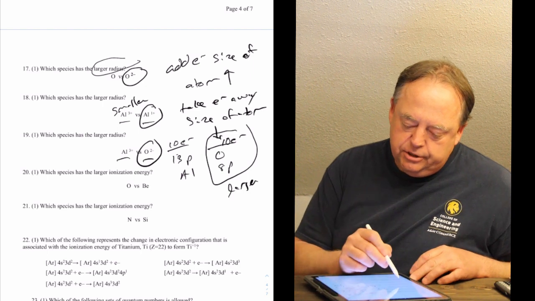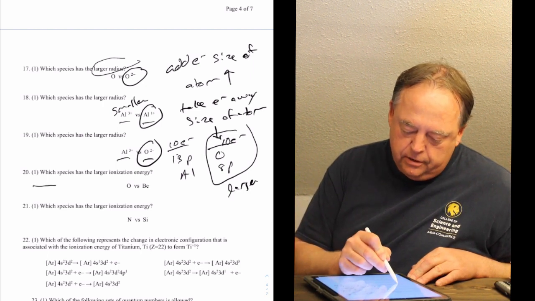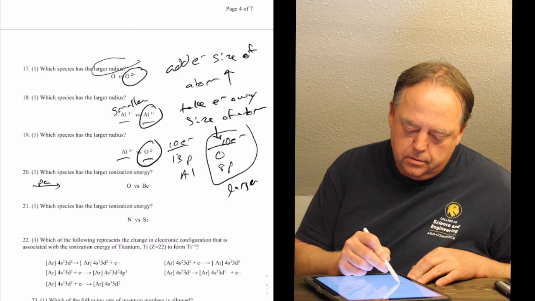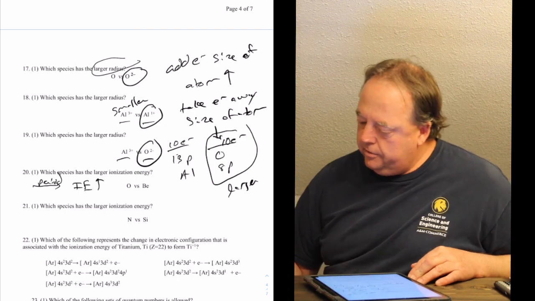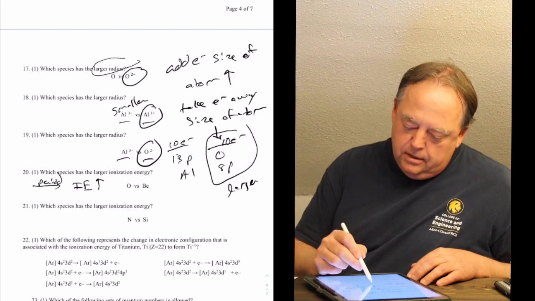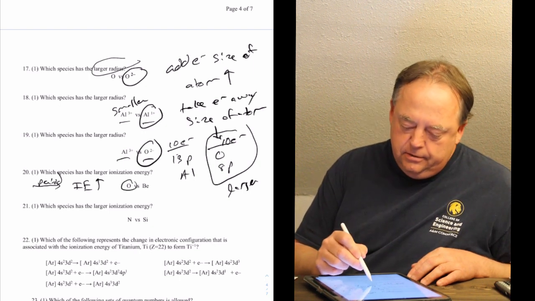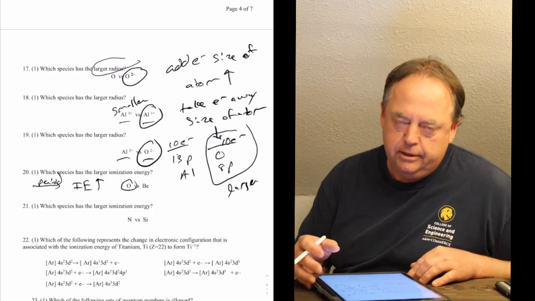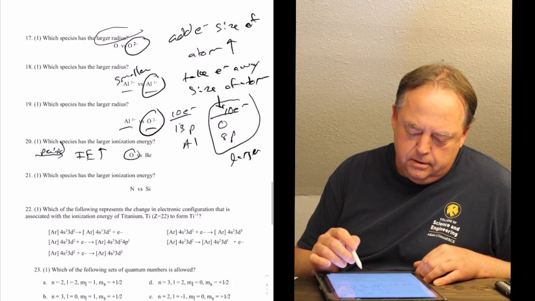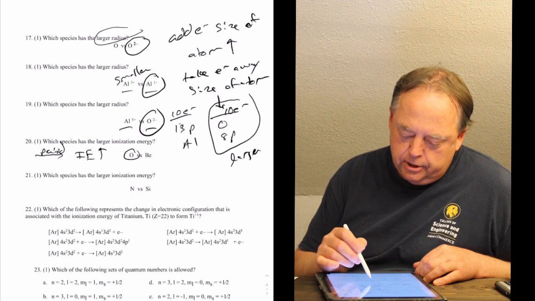Larger ionization energy, so you just have to remember if you go across the periodic table, ionization energy goes up. So if we compare oxygen to beryllium, both in the second period, oxygen is more to the right, so it's going to have a higher ionization energy. So which has the larger ionization energy?